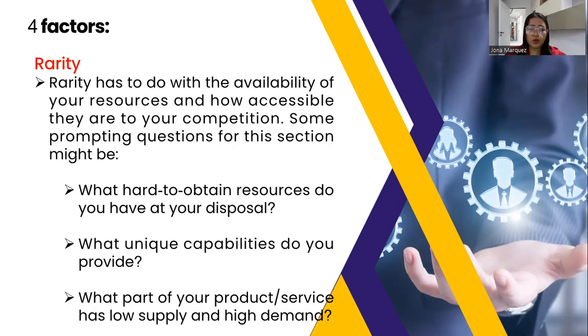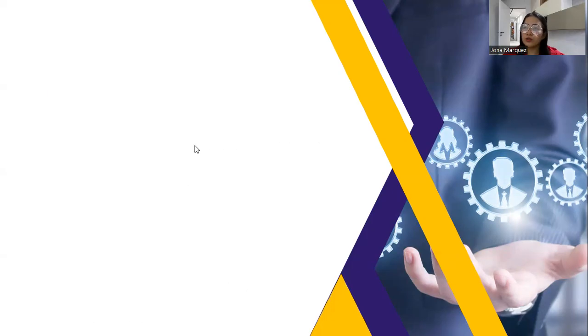And last, what part of your product or service has low supply and high demand? This means the product you market or your business is rare, no? It is very important that it is rare, so at least you don't have too many competitors, because what you produce is rare.